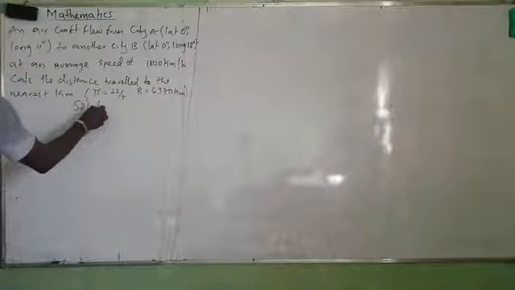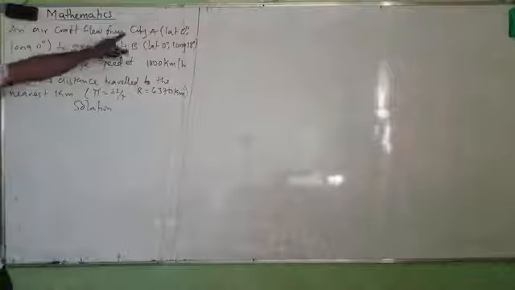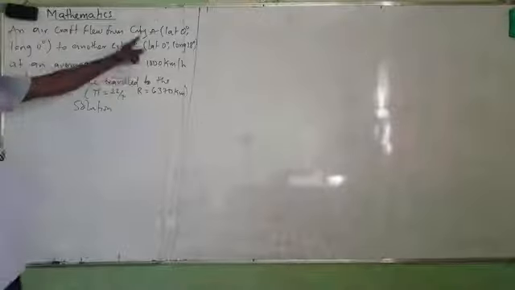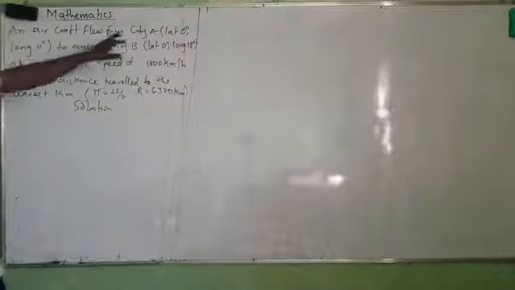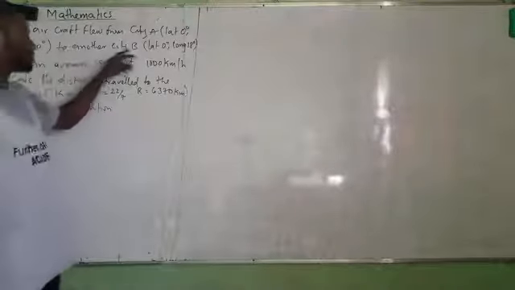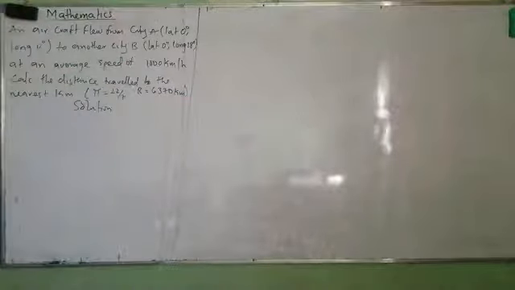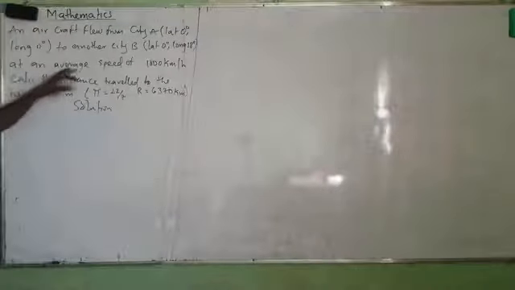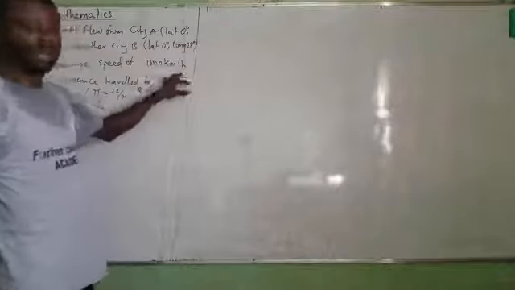The question says, an aircraft flew from city A, at 0 degrees latitude and 0 degrees longitude, to city B, at 0 degrees latitude and 18 degrees longitude, at an average speed of 1,000 km/h.